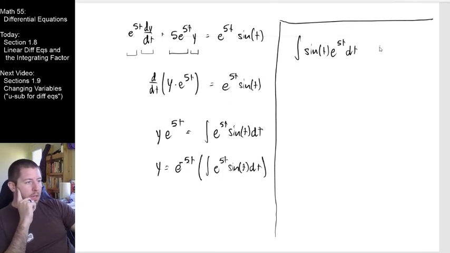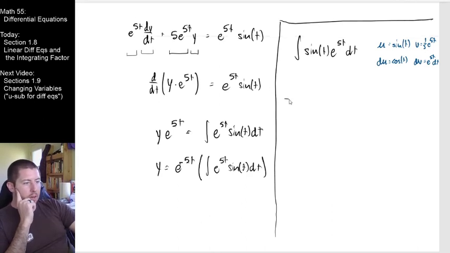I am going to pick u as sine of t. du, therefore, will be cosine of t. I'm going to pick dv to be e to the 5t dt, and therefore v must be 1/5 e to the 5t.